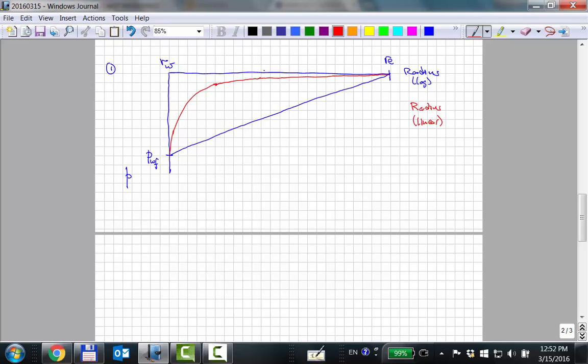So you're getting the majority of the pressure drop quite near the well. So it ends up that this is the pressure profile for steady state.